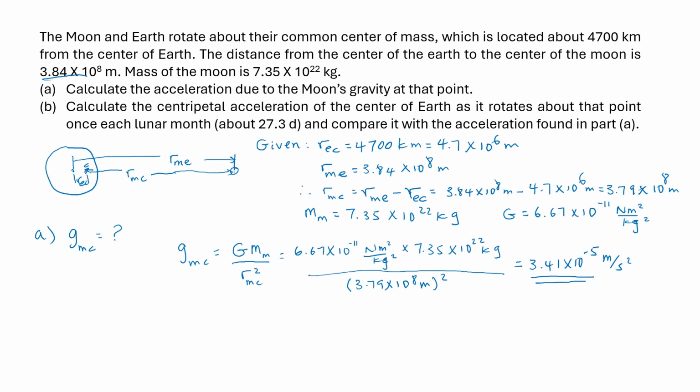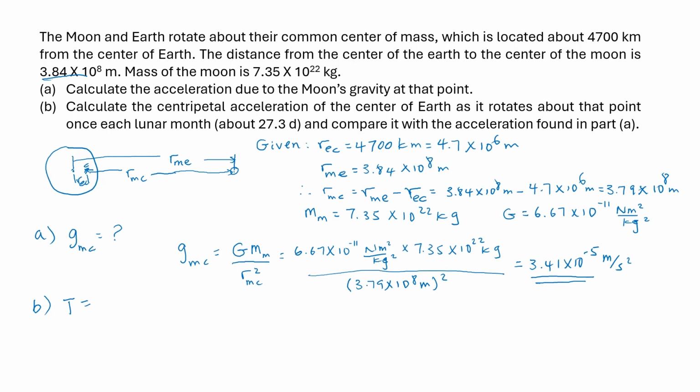B. Calculate the centripetal acceleration of the center of the Earth as it rotates about that point once each lunar month, about 27.3 days, and compare it with the acceleration found in part A. So we are given the time taken to complete one cycle.